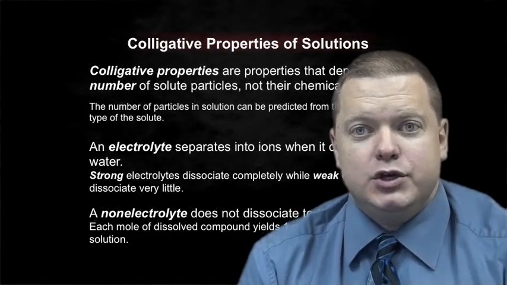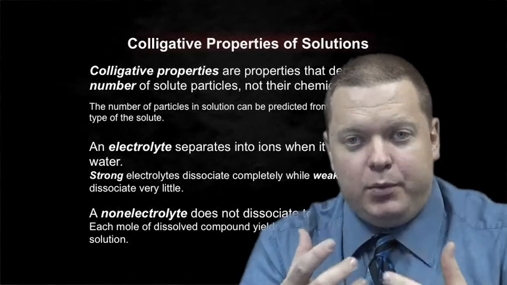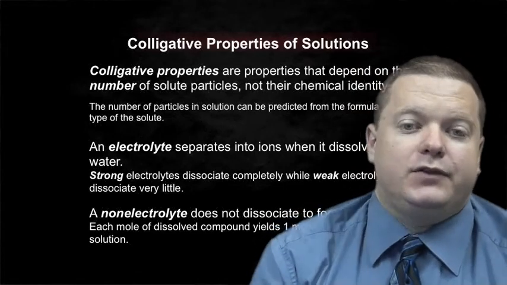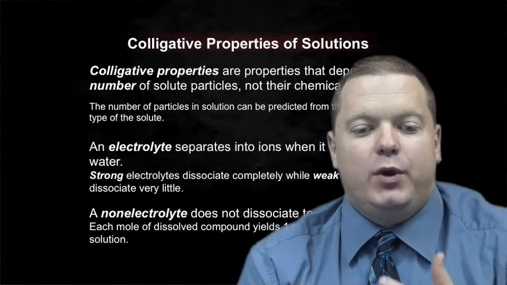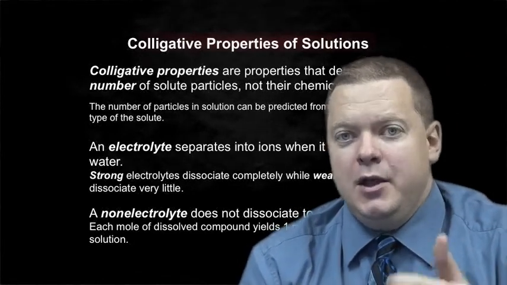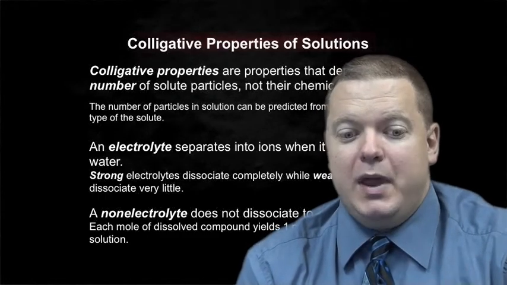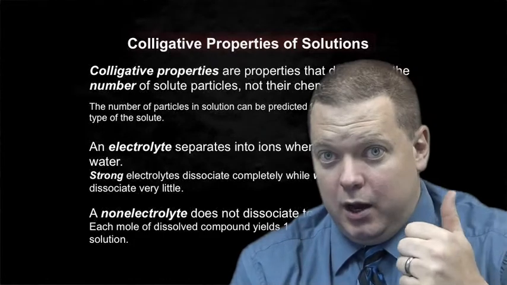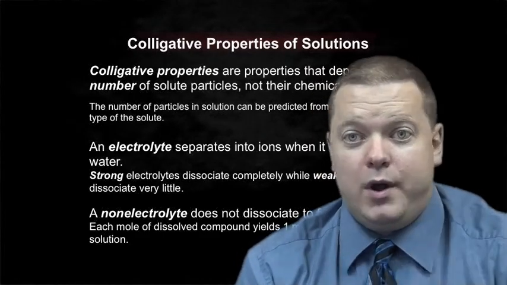But once that solution is formed, the number of solute particles is going to have an effect on these colligative properties. So we're going to predict the number of particles based on whether these solutes are electrolytes or non-electrolytes.